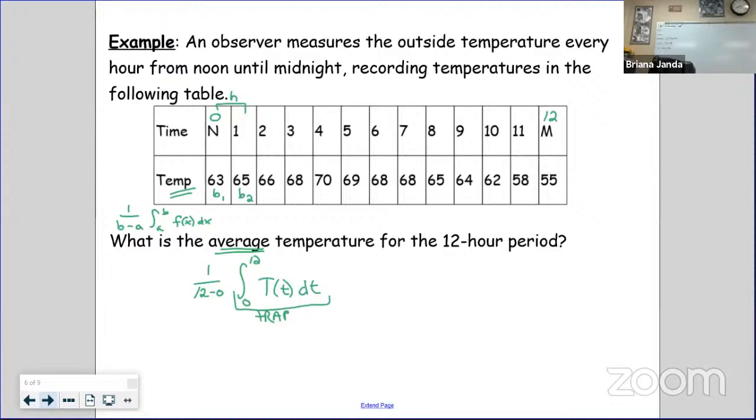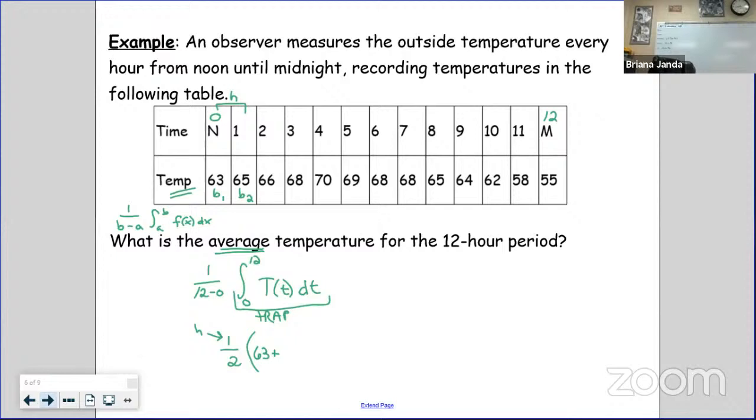So if I put that into our trap rule, this can be approximated as our height, which is 1 over 2, right? Times our first base plus 2 times all of our middle bases plus the last base solo. So I don't have to find the area of each of those trapezoids individually. I can use that trap rule. Are we all okay with that?